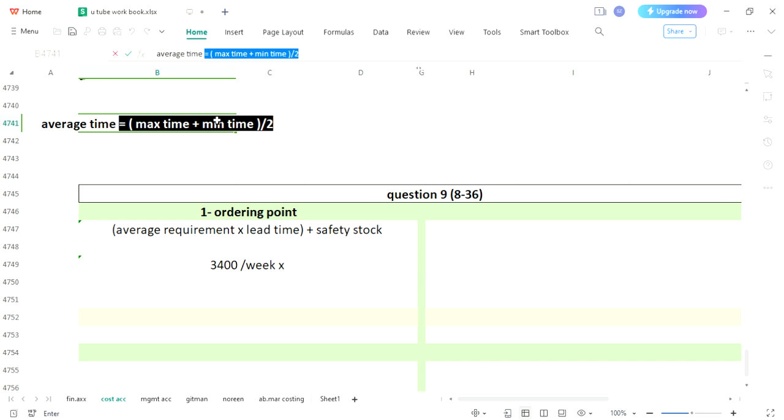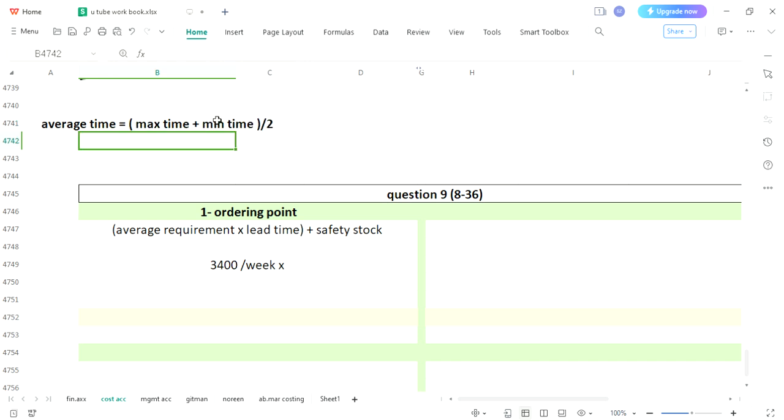Excel had auto-picked the formula, because we had definitely calculated it in the previous question. So maximum plus minimum divided by 2, with which we can calculate our average time. Maximum time given in the question is 5, minimum time given in the question is 4, and then you need to divide it by 2, with which you can calculate average time.